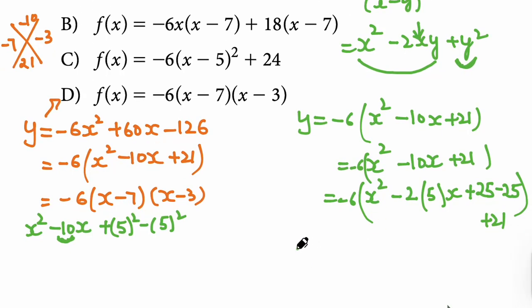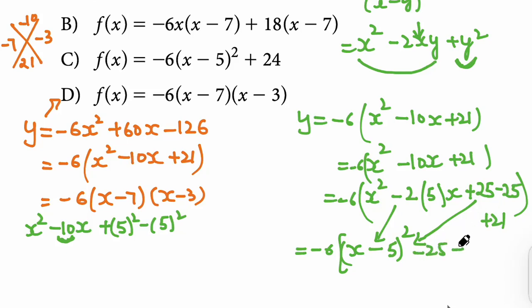Okay, so now that is negative 6. So this is x minus 5 from here, because this is the square of 5. This is from here. And what is left? Negative 25 plus 21.